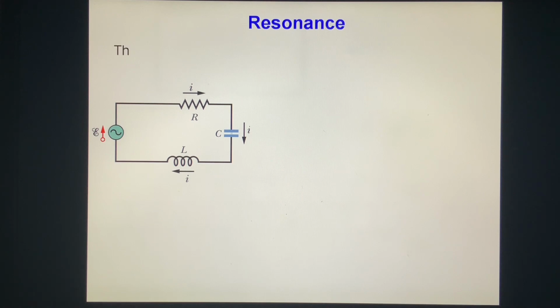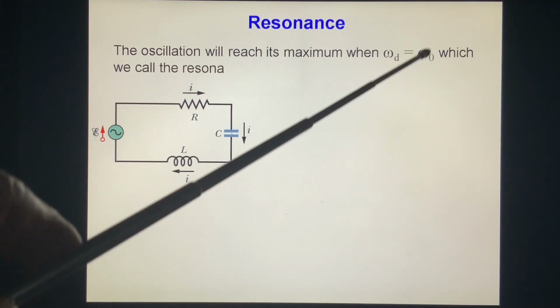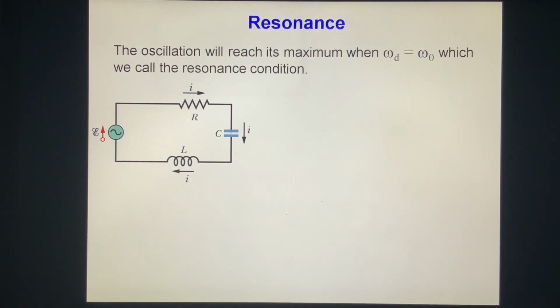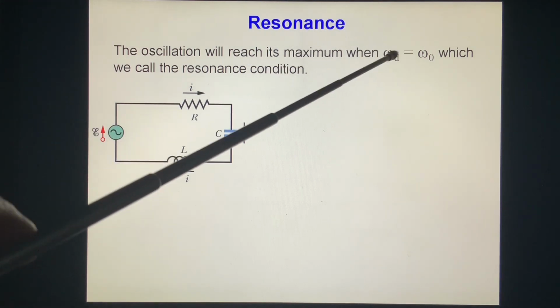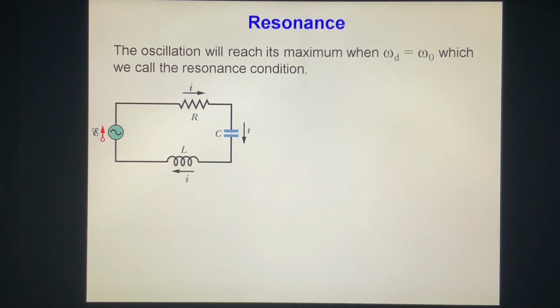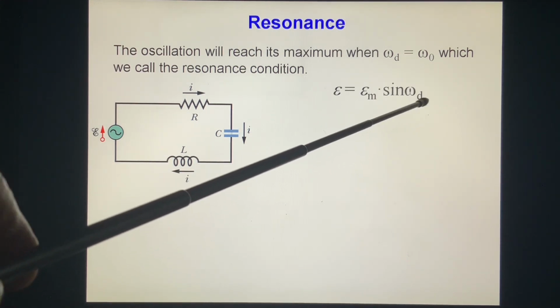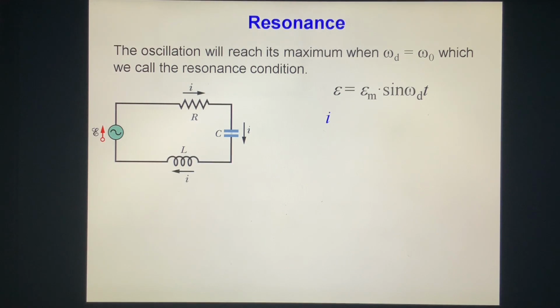Resonance. The oscillation will reach its maximum when omega d equal to omega 0, which we call the resonance condition. That means the drive frequency equal to the original frequency. This is the drive frequency omega d.